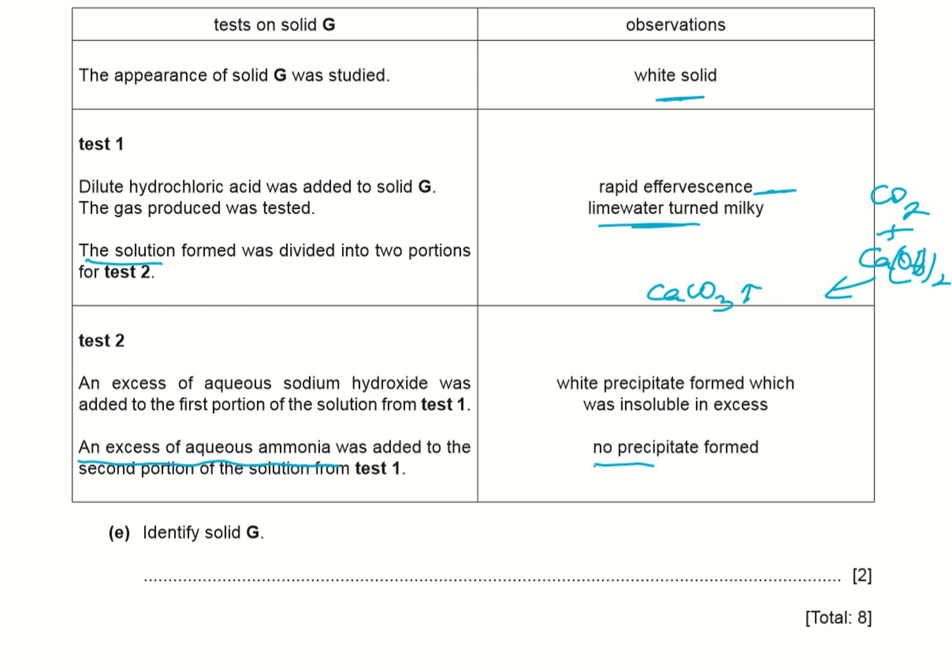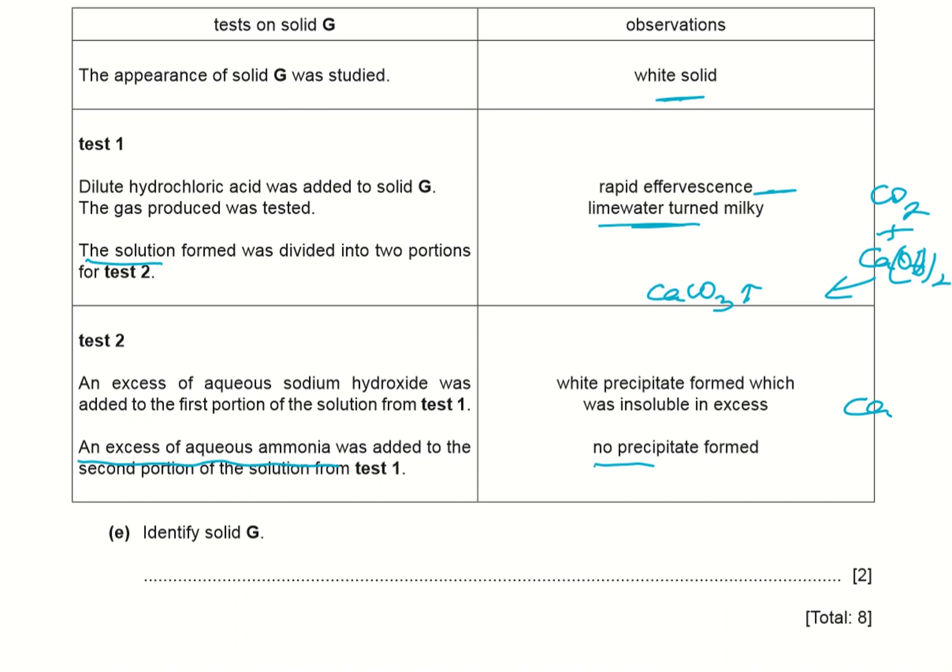Calcium forms a white precipitate with drop-wise sodium hydroxide, but the white precipitate remains insoluble in excess. So you're suspecting calcium there. Then, ammonia was added to the second portion, and we have no precipitate formed.